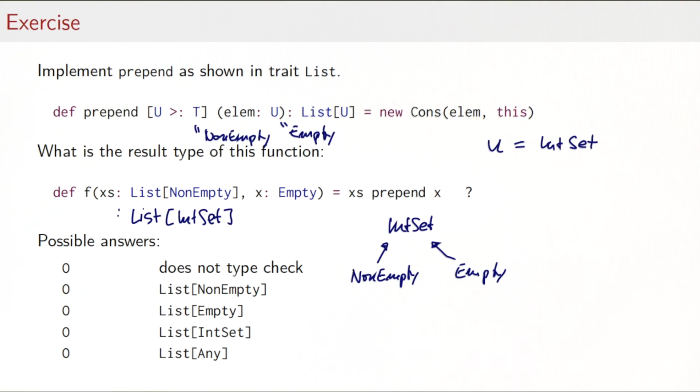So one thing we've seen here is that intuitively f does exactly the right thing. If we take a list of NonEmpties and we add an Empty, the best thing that we could get out of that would be a list of IntSets, because that's the smallest type, in a manner of speaking, that contains both the xs, the list of NonEmpties, as well as the additional element x, which was of type Empty.